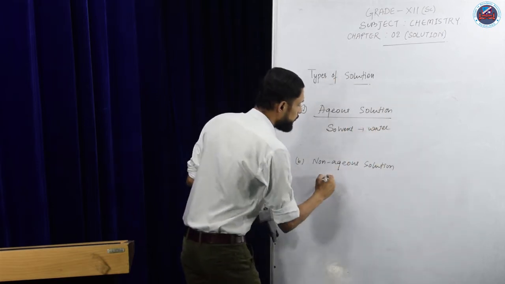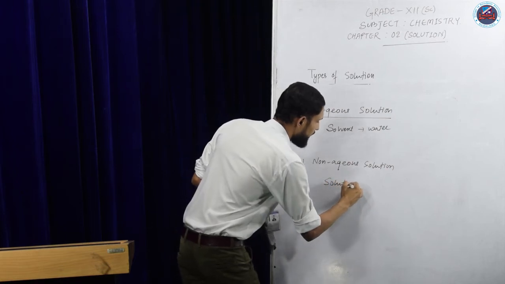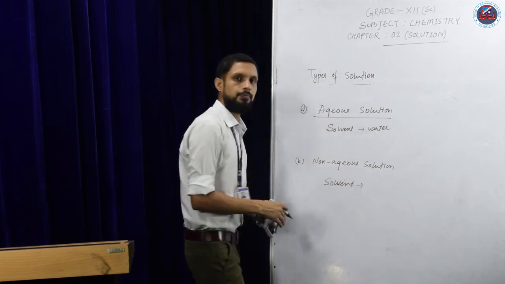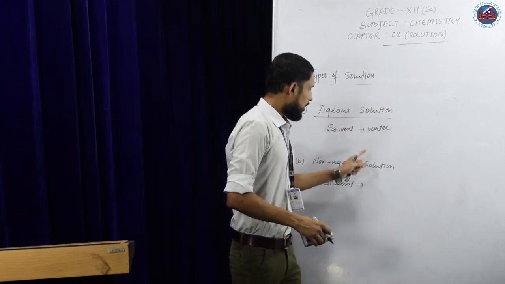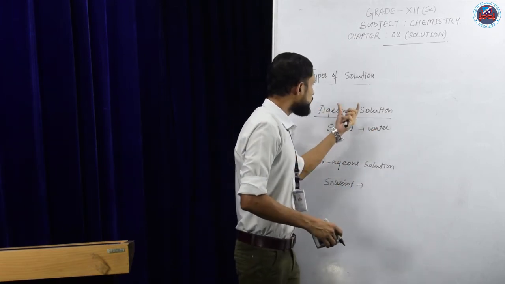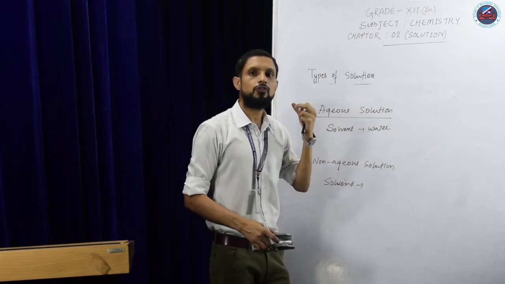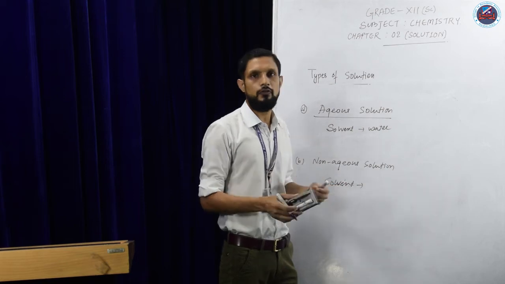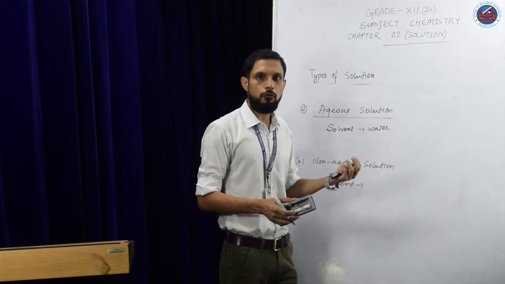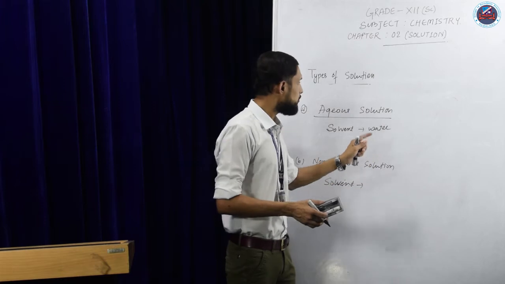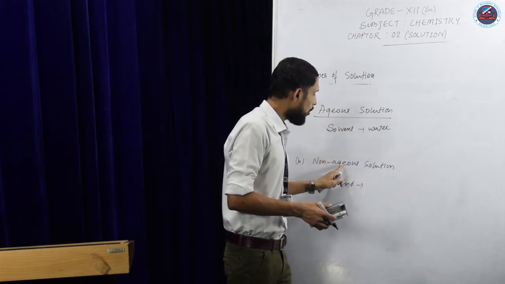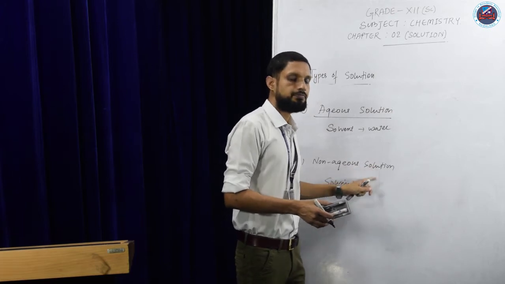Whereas in non-aqueous solution, you take any other solvent other than water. So in aqueous solution, if you take the solvent as water, it's known as aqueous solution. You take any other solvent like benzene, chloroform, any other solvent except water, the solution is known as non-aqueous solution.